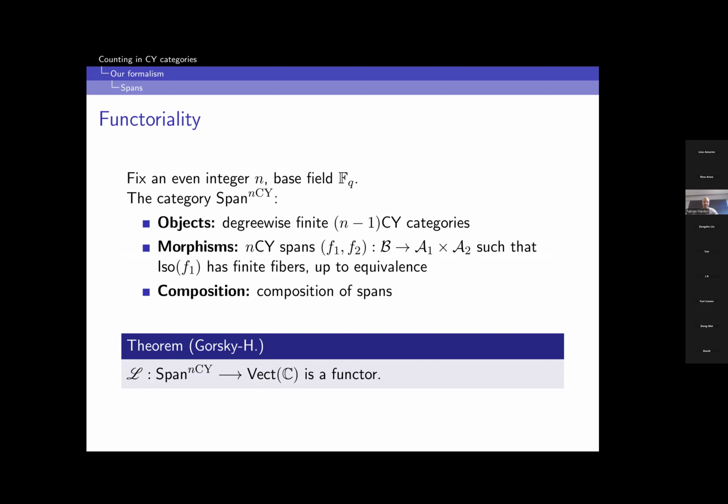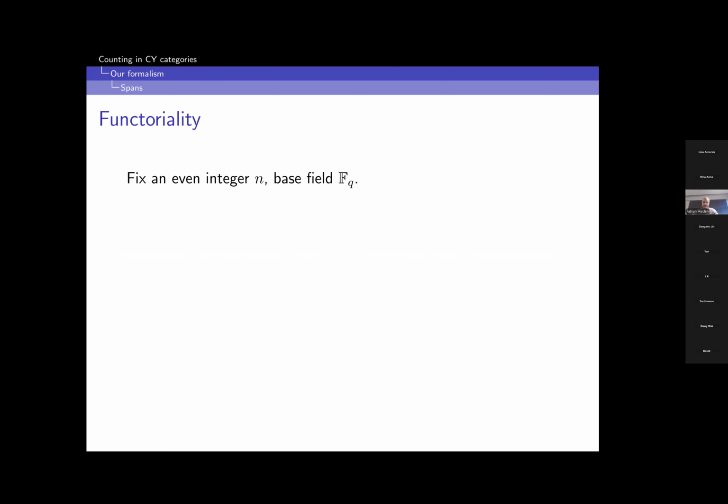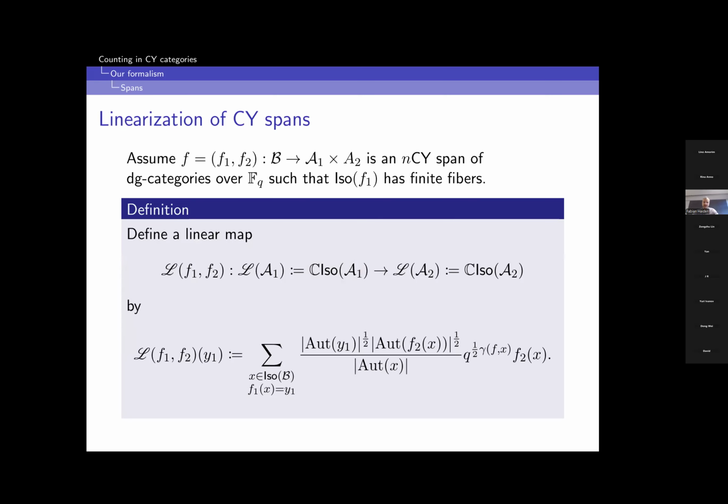So it means if you compose Calabi-Yau spans, then for the composed span, you need to show that the linear map you get is the composition of the two other linear maps. And there's some justification for calling this a theorem. It's not super difficult to prove, but because our whole thing is defined by some explicit formula, actually verifying functoriality takes a bit of work.